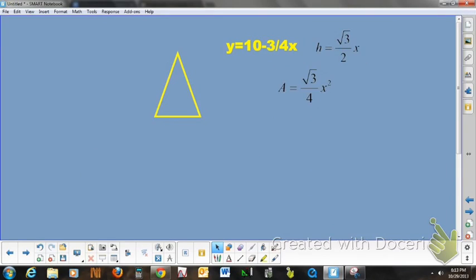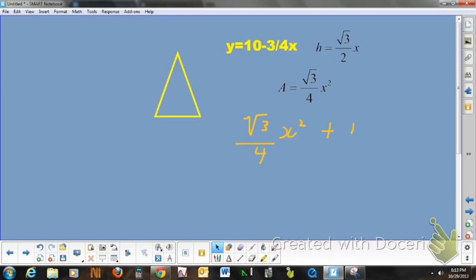Okay, so the last bit of this then is to put it all together. We're trying to find the area of the square and the area of the triangle in relation to the length. So we're just going to plug things in. The area of the triangle is the square root of 3 over 4 x squared, plus the area of the square, which is y squared.